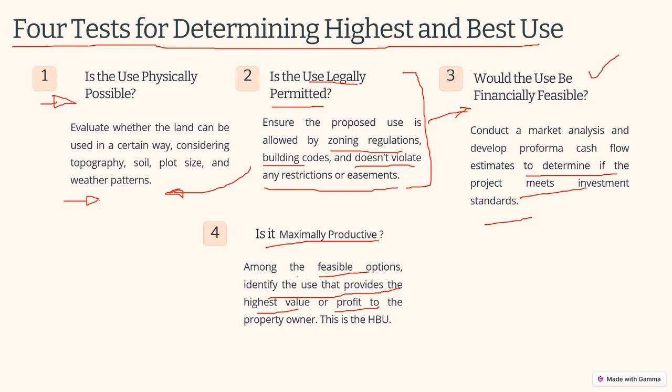But of course, all these three things have to be considered. Then you have to check the use which will provide the highest value considering all the other factors, that will be the highest and best use of the property. So this is called HBU, highest and best use.